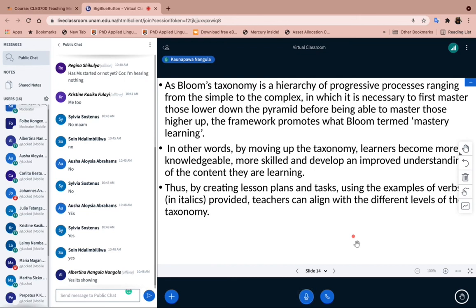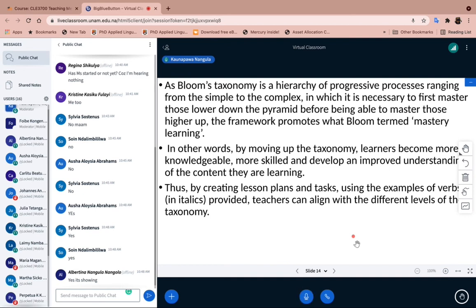Right? In other words, by moving up the taxonomy, learners become more knowledgeable, more skilled, and develop an important understanding of the content that they are learning. But it's still true that for them to really create something, first of all, they need to understand, they need to remember the content that they need to use.